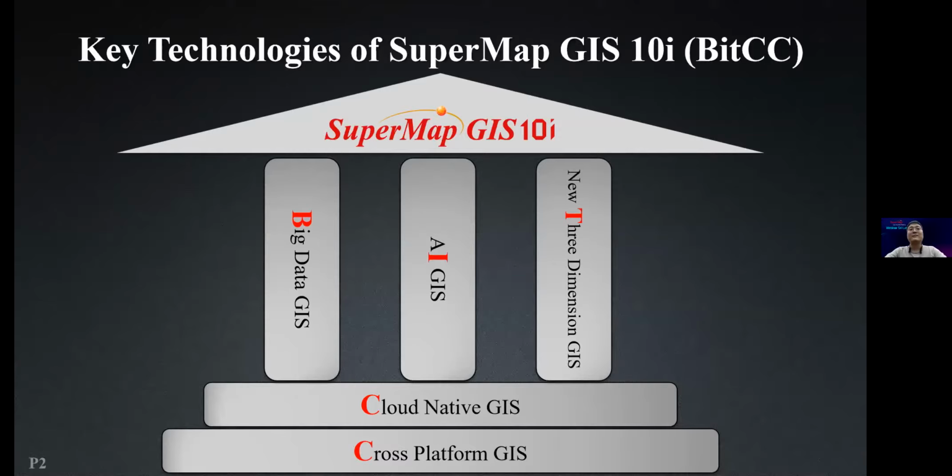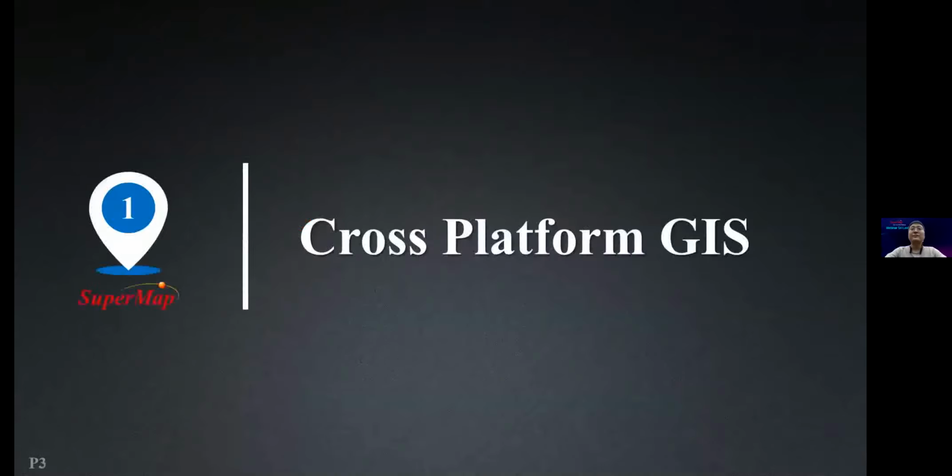BitCC is Big Data GIS, AI GIS, new 3D GIS, and Cloud Native GIS, and Cross-Platform GIS is the basis to support the whole architecture. Next, I will show you the details of these 5 features one by one.